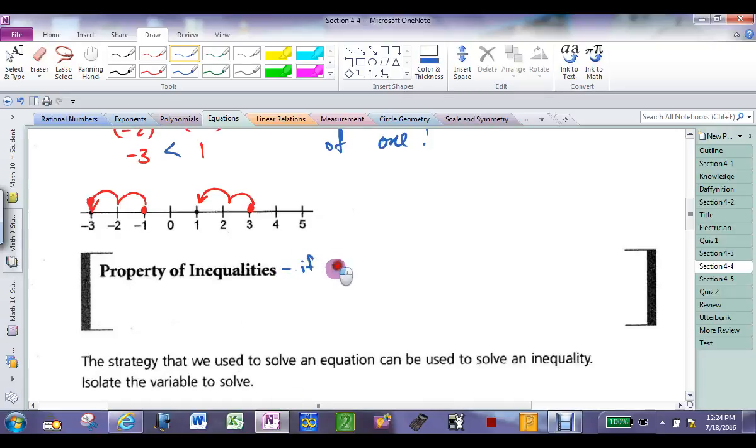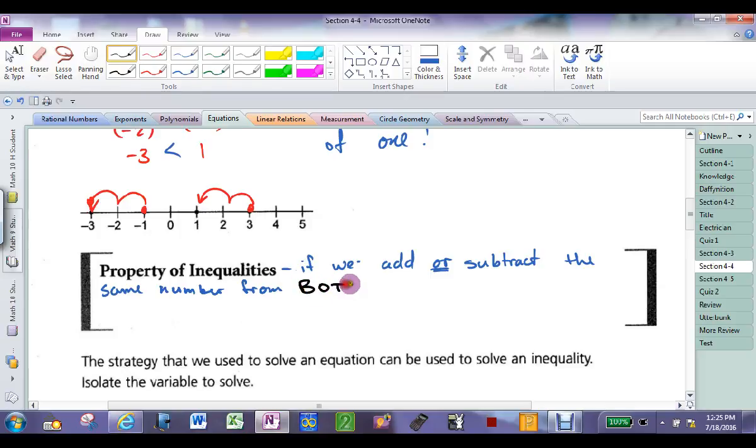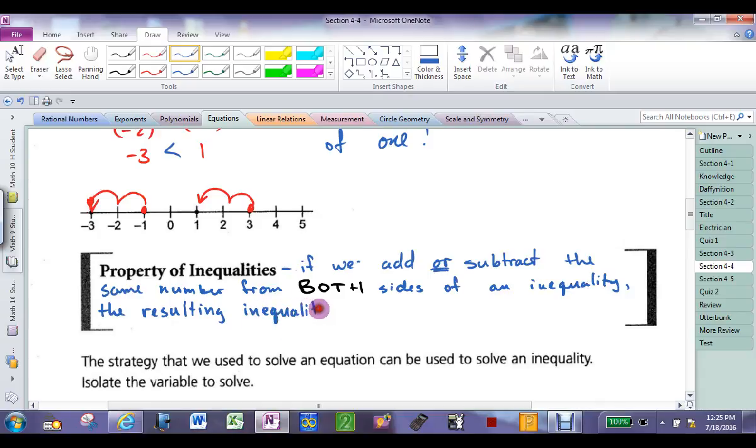Okay? If we add or subtract the same number from both sides of an inequality, the resulting inequality stays true.